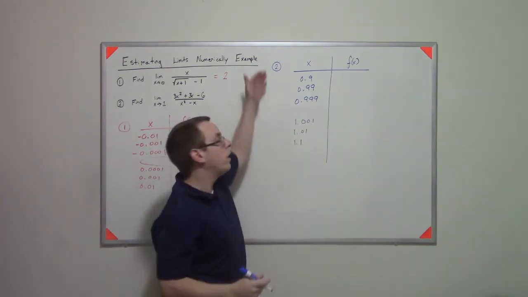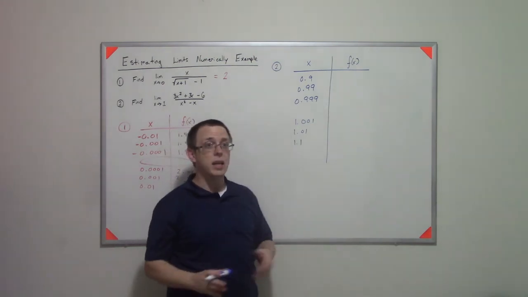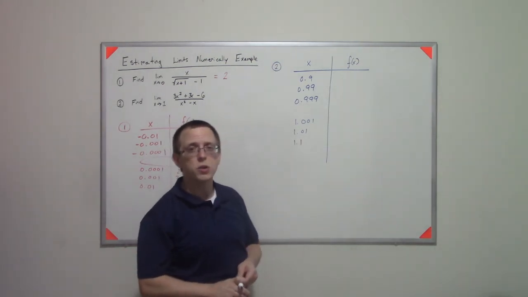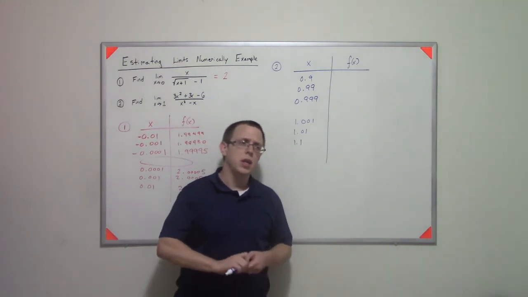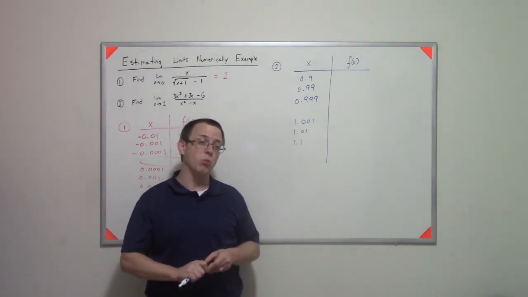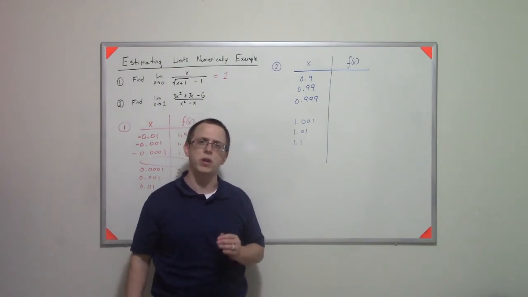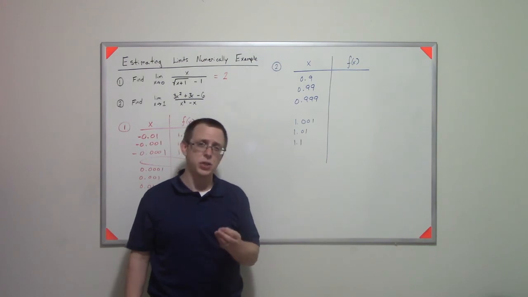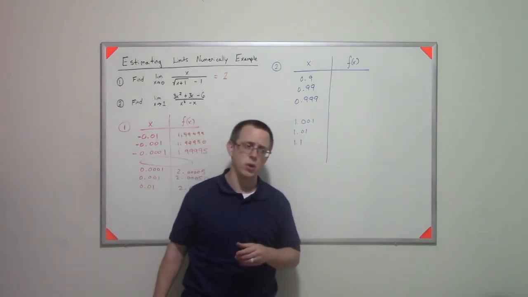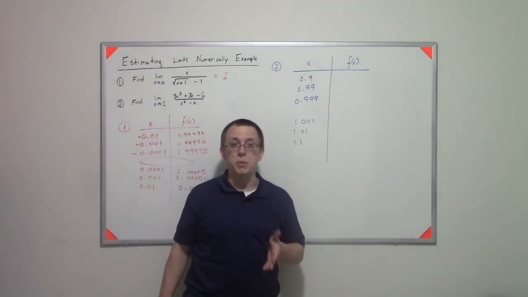So I ran these 6 numbers. Now I could get even more fine-tuned if I wanted to. The nice part about doing this in the programming language is you can get really, really finely tuned with it. Much more than you can with a graphing calculator because of floating point sizes generally and things like that. So you're going to be able to estimate limits very, very well.